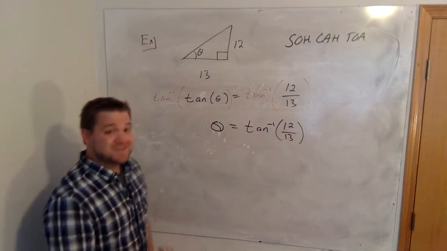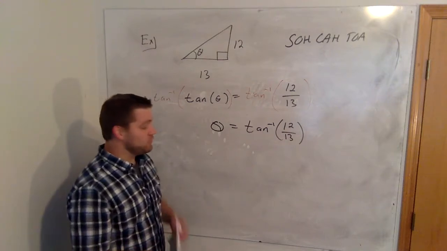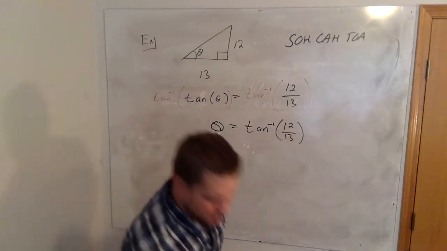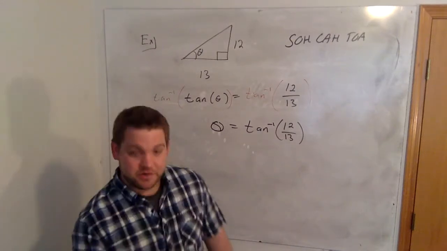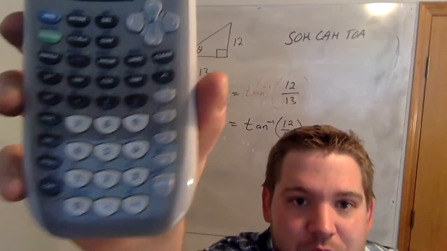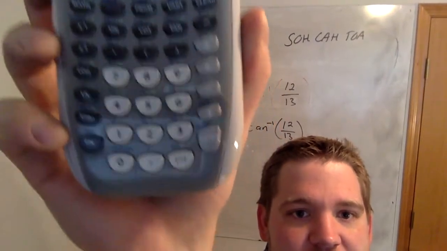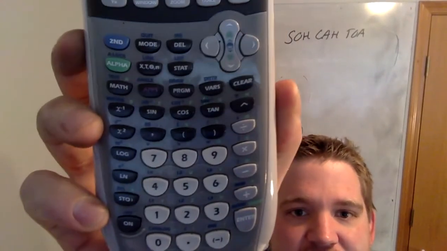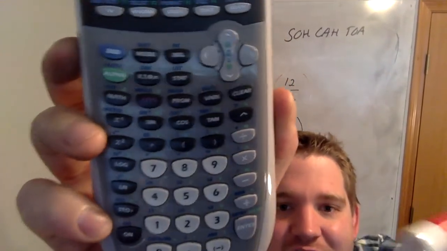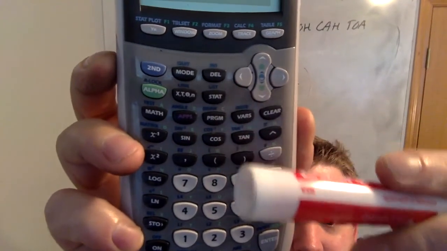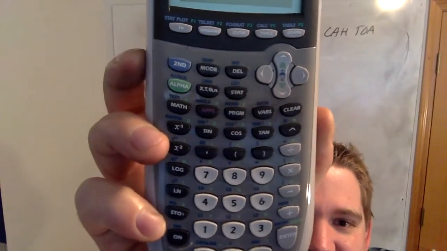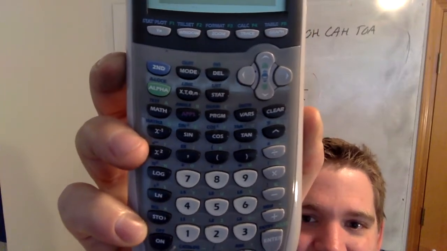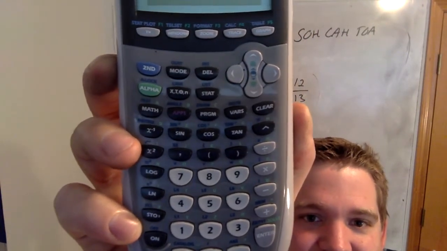Now 12/13 isn't a nice number on our unit circle, so we're going to use our calculators. Right above sine, cosine, and tangent, you see the sine inverse, cosine inverse, and tan inverse.